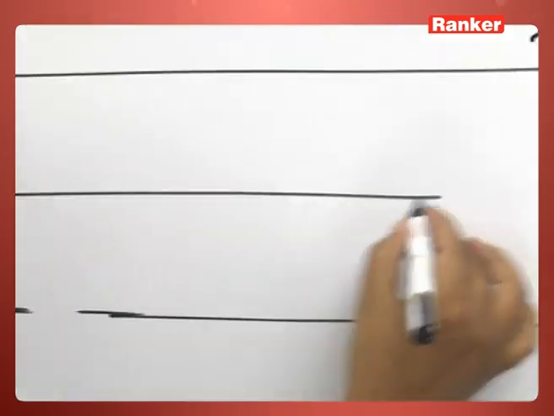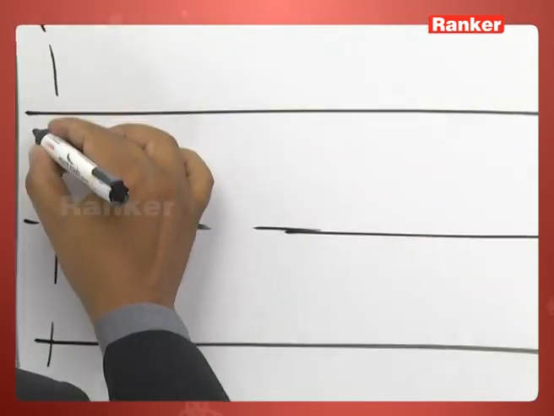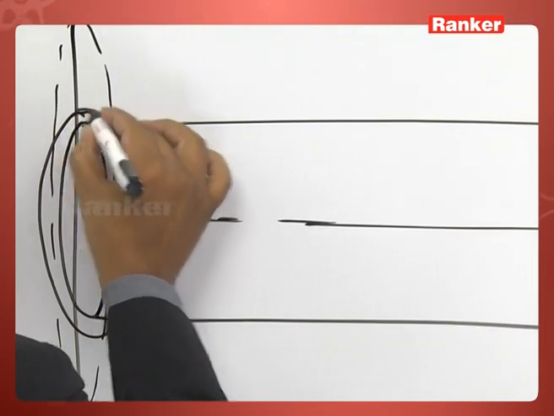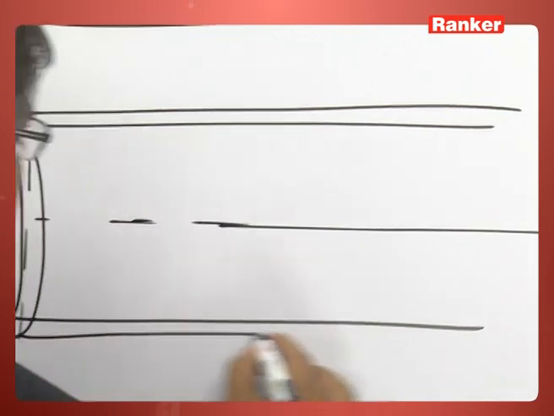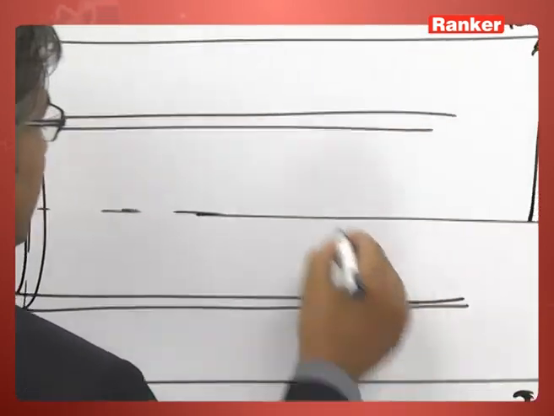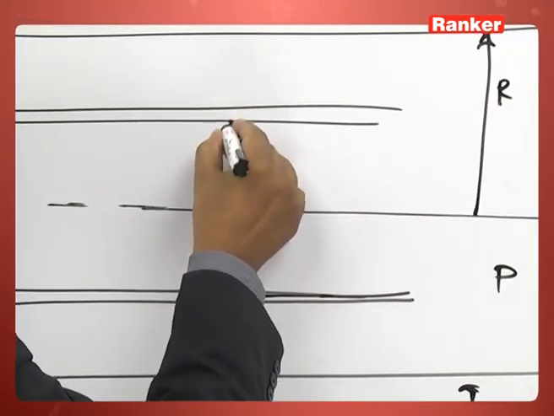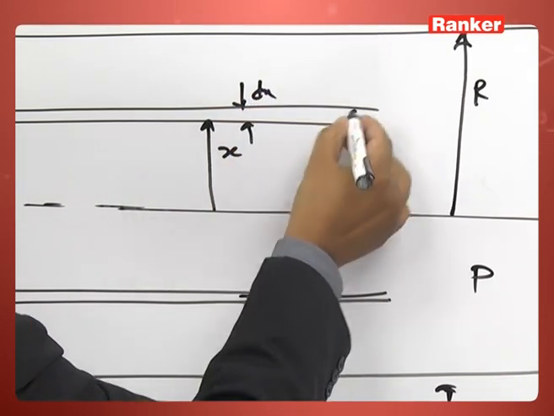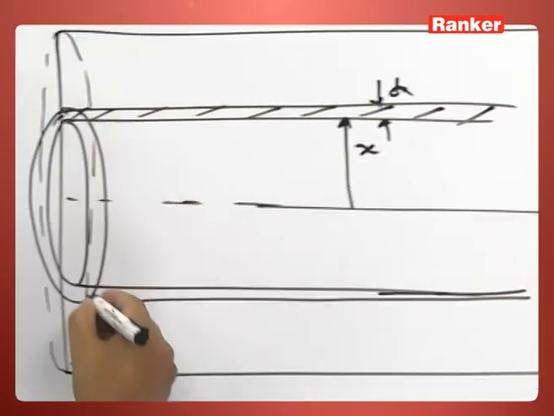We consider an annular region, that is the cylindrical shell whose radius is x and whose radial width is dx. So, I just shade it.